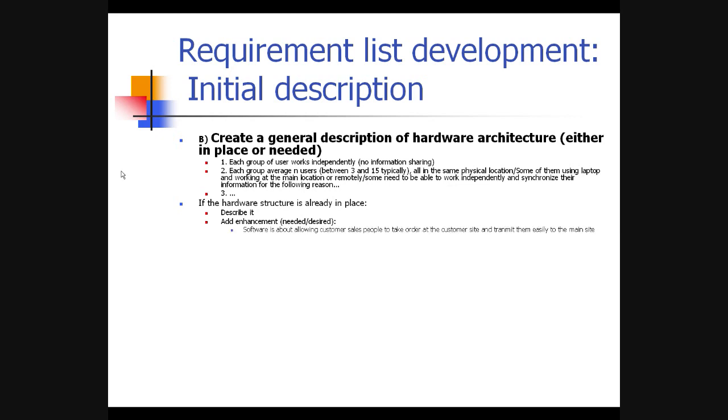An example is you're writing software that is all about allowing the customer's salespeople to take orders at a customer site and transmit them easily to the main site.